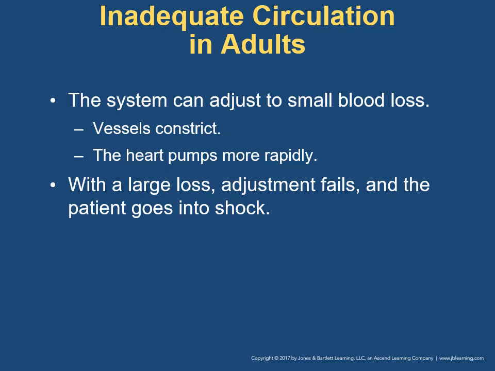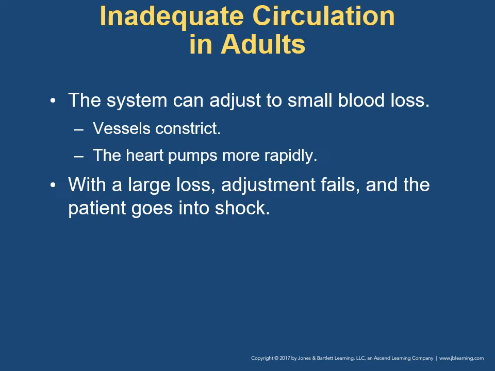Remember what perfusion was: the circulation of blood in an organ or tissue in adequate amounts to meet the current needs of the cells. So hypoperfusion means that that is decreased and those functions are not occurring. Okay? So with a large loss, adjustment fails and the patient goes into shock or hypoperfusion.